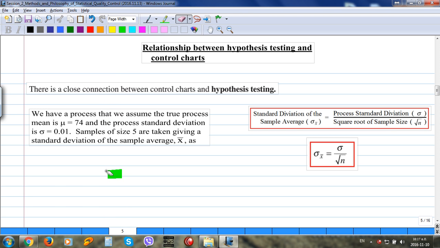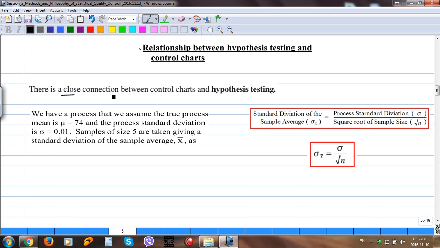Next, the relationship between hypothesis testing and control charts. There is a close connection between control charts and hypothesis testing.